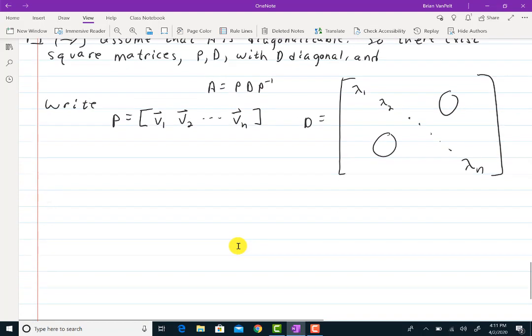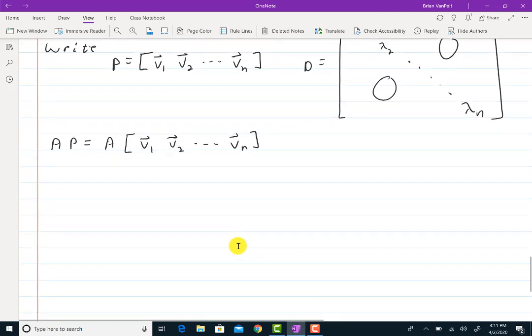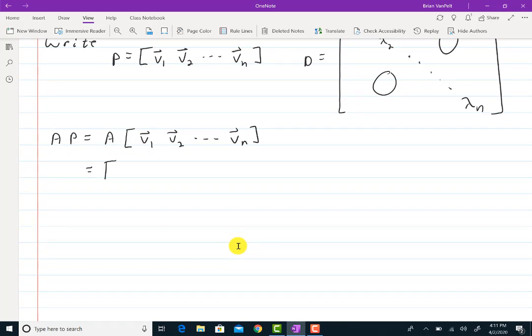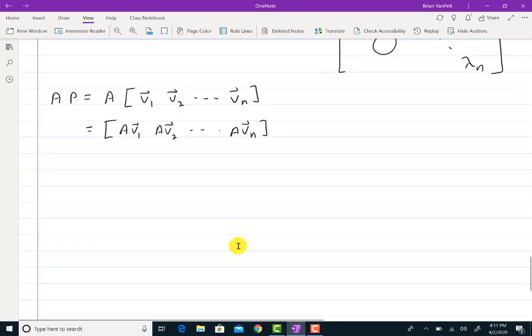Now, let's go ahead and take a look at A times P. So whatever A is, I'm not really sure, but I'll put it here and let me replace P with these vectors. Of course, one of the things that you should remember is when you multiply this, AV1 will be the first column, AV2 will be the second column, and then AVn will be the last column. Now, on the other hand, I want to do P times the diagonal matrix.